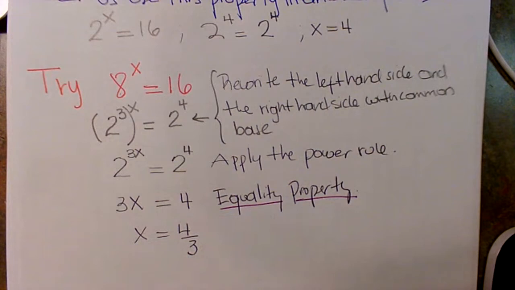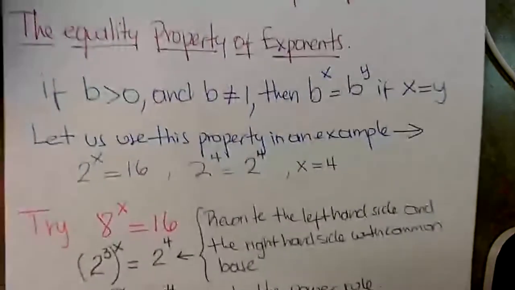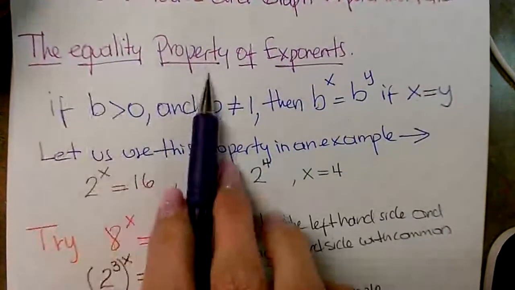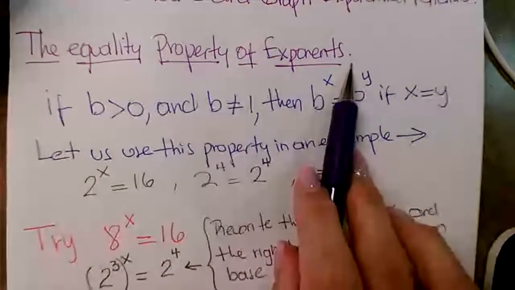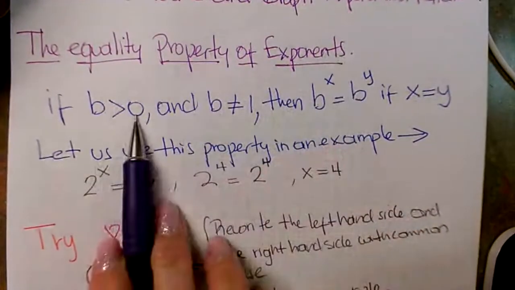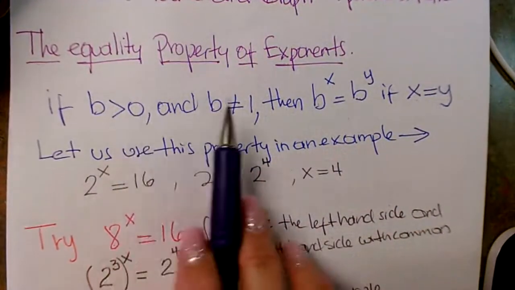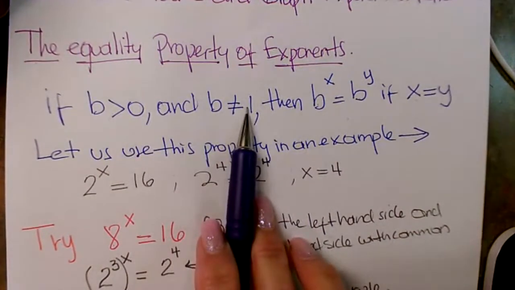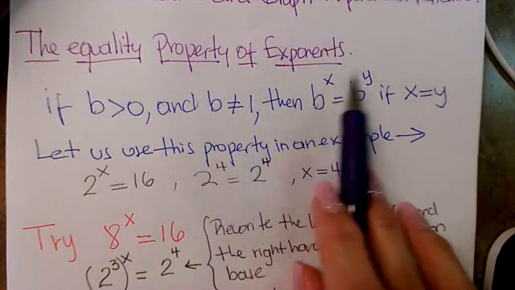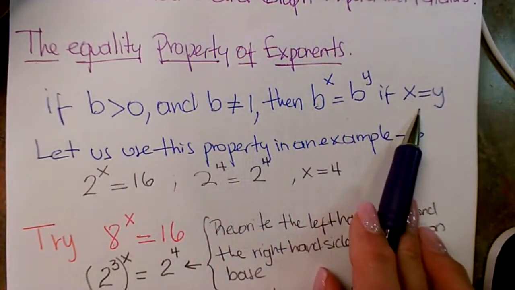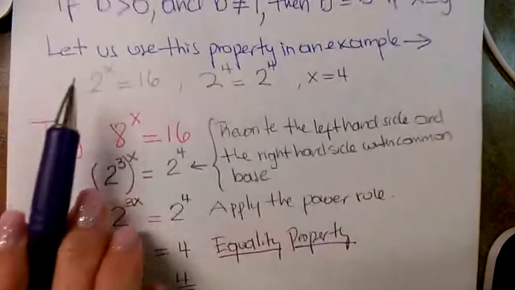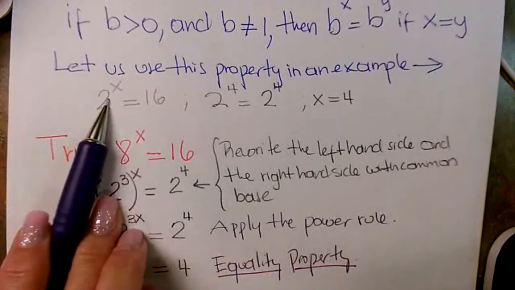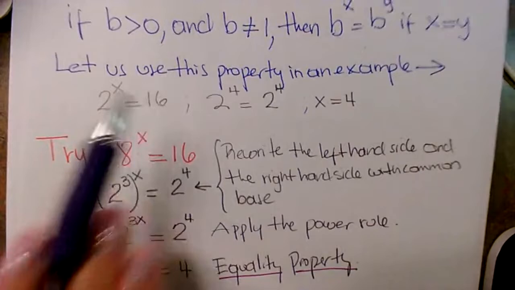So now, let's go back. We're doing the equality property of exponents. When b is greater than 0 and b cannot be equal to 1, same base, the exponents are the same. This example was easy because we know 2 to the fourth power will get 16.